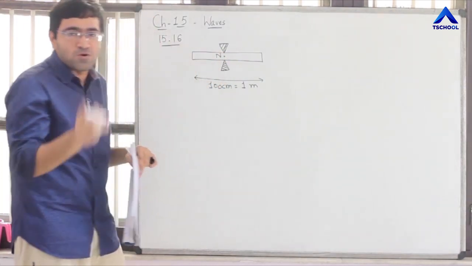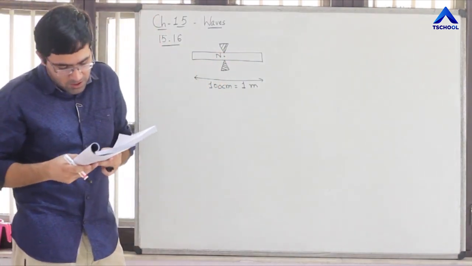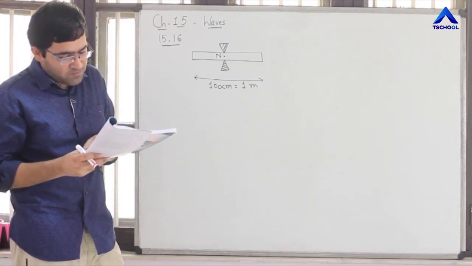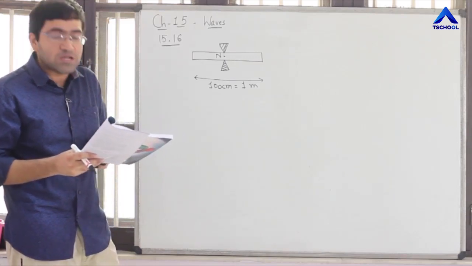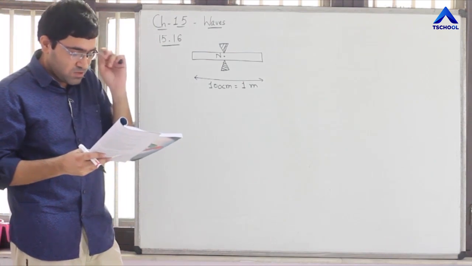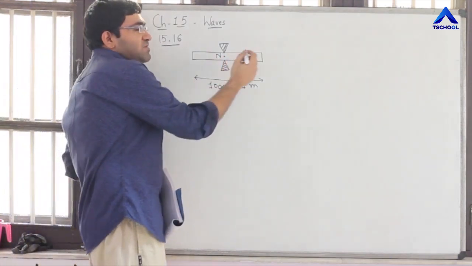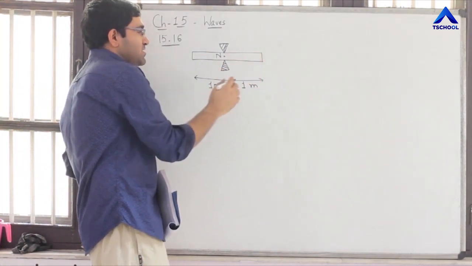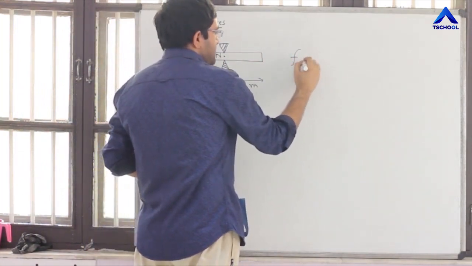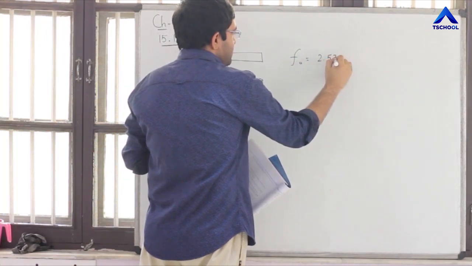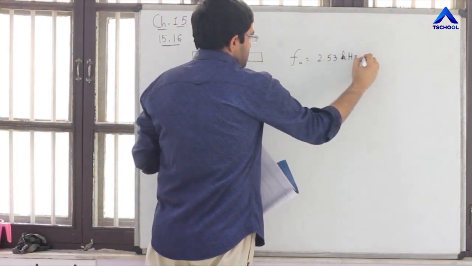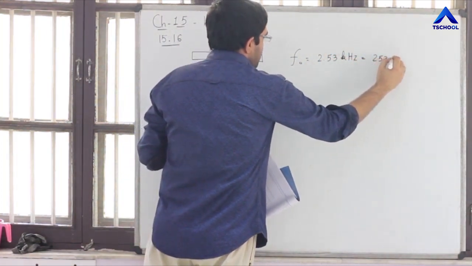That's correct, node. Alright, now the fundamental frequency of the longitudinal vibrations of the rod are given to be 2.53 kilohertz. So we are given that when we allow this rod to vibrate, it's going to have a fundamental frequency 2.53 kilohertz. That's, well, nothing but 2530 hertz.